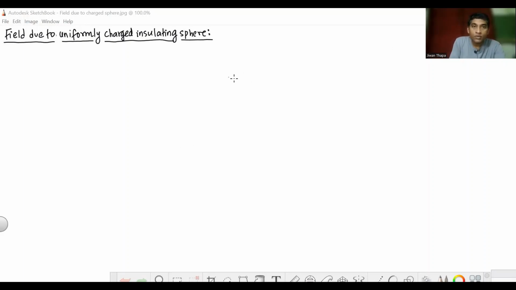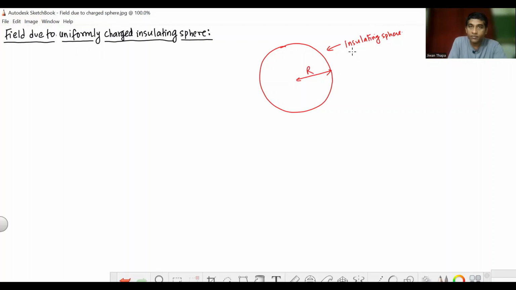So let us consider an insulating sphere. Okay. So this is the insulating sphere, and let capital R be the radius.